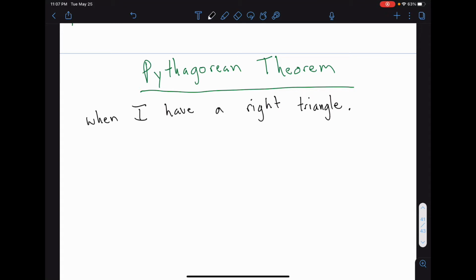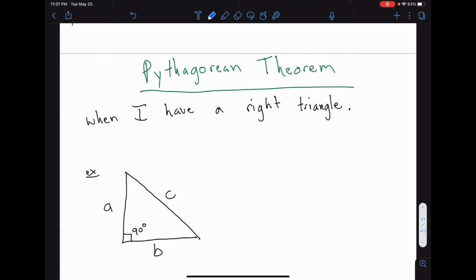And this is a right triangle. Cuando tengo un triángulo que es derecho, I have 90 degrees here. This is a right triangle. I have side A, side B, and side C. Tengo lado A, B, y C.